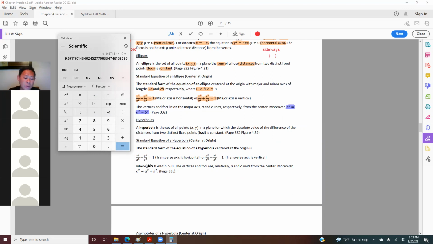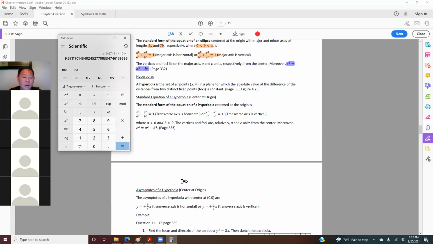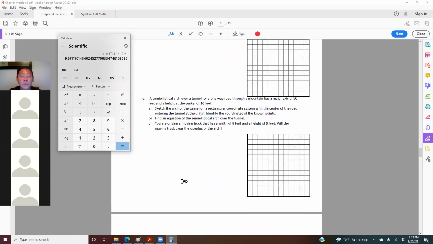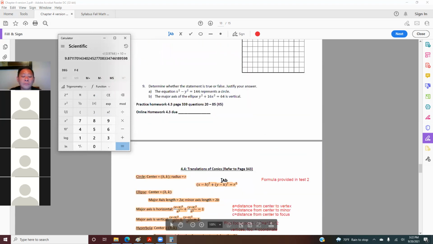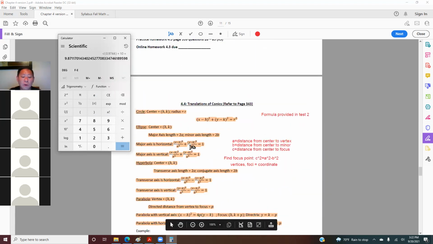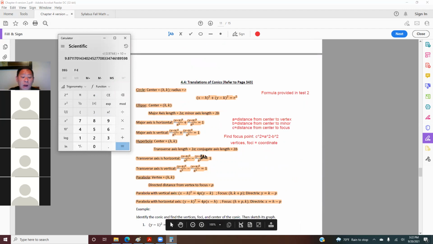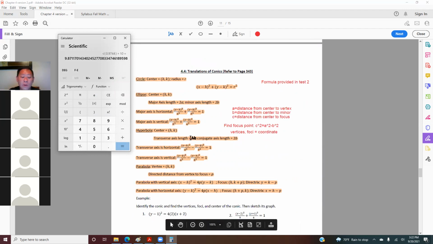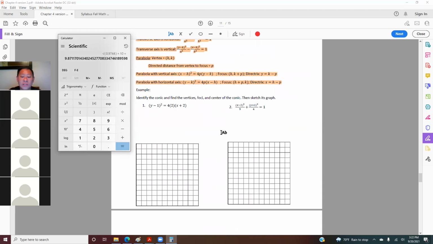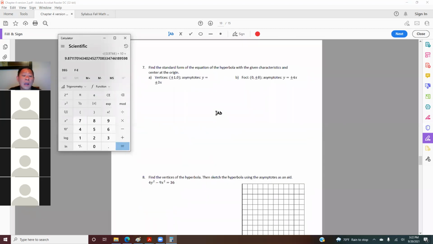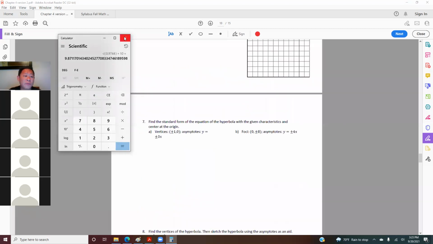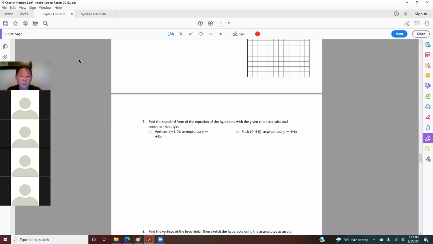Then after that we will refer to section 4.4, where we begin to do all these works. Again, this formula is provided in the test, so make sure you use it. Some of the questions are a bit more difficult. Anyone have any questions for me before we end today's Zoom class?